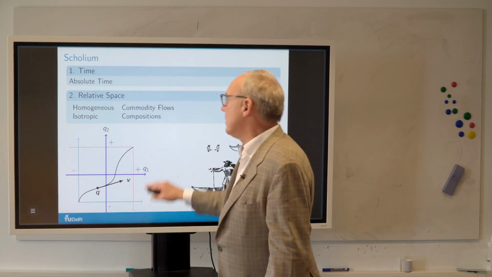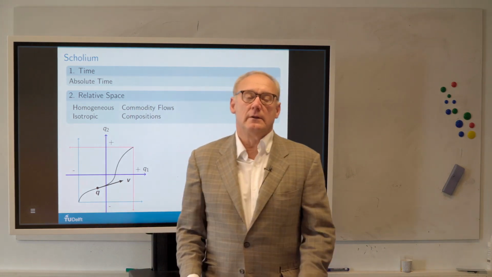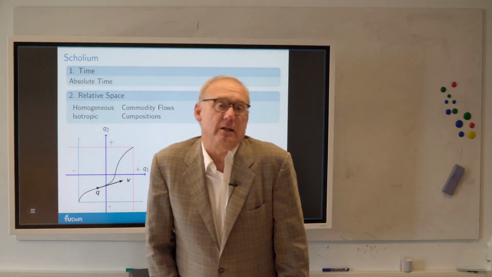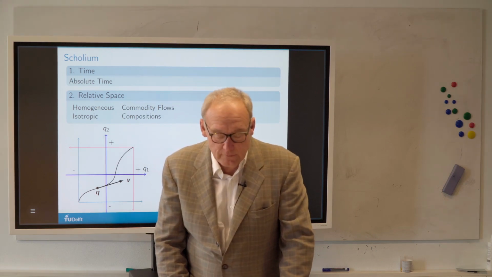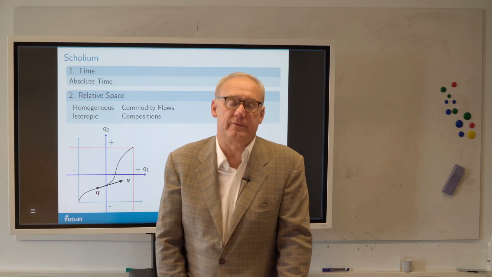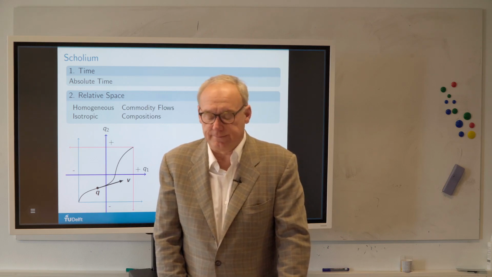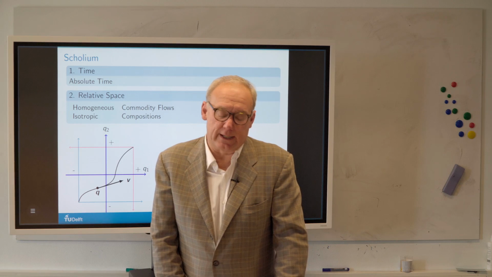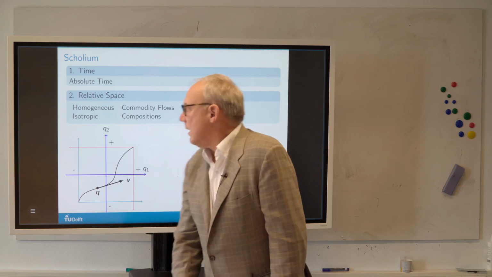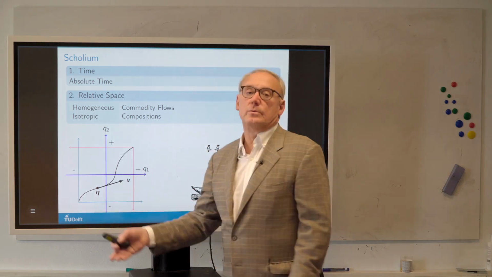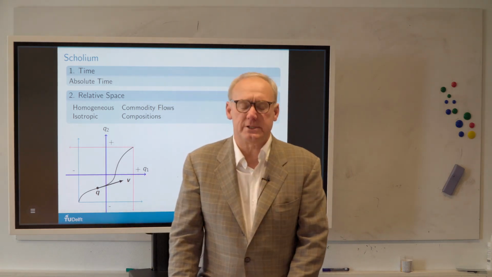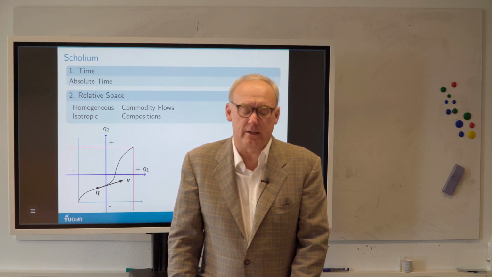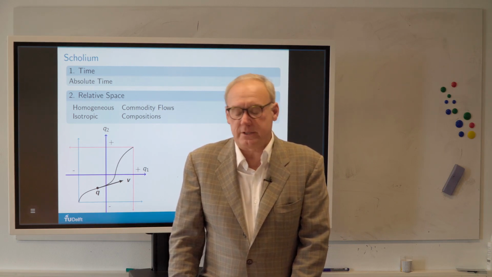This is what he calls relative space, and that's the kind of space that we'll be dealing with as well. So I'll be talking about the Galilean principle of relativity, and how that relates to demand. This whole idea of relative space, he got from Galileo.